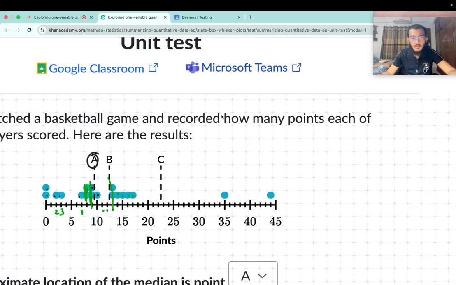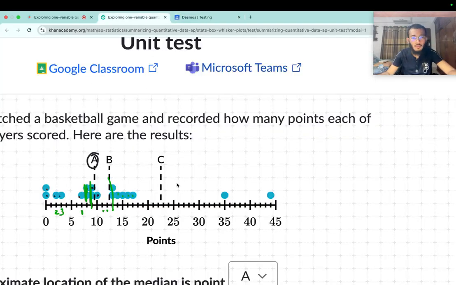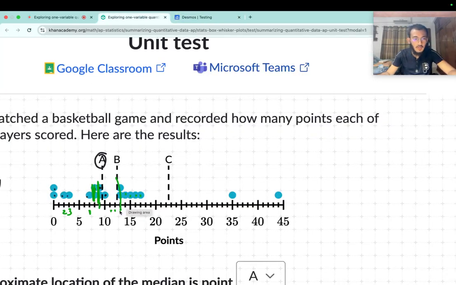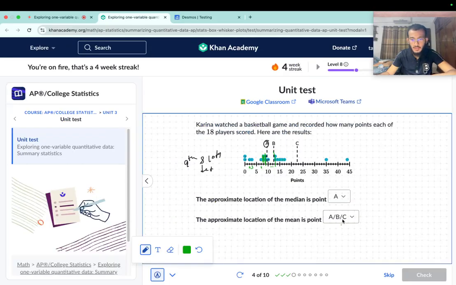And then we have 35 and 45, so we add plus 35 plus 45. The mean is 12.44, which means it is at location B. So we select B.